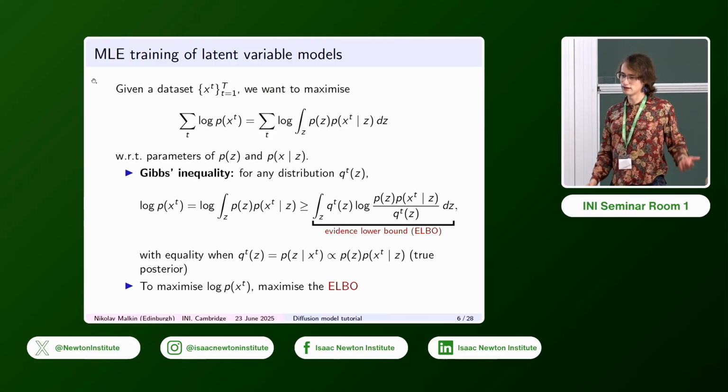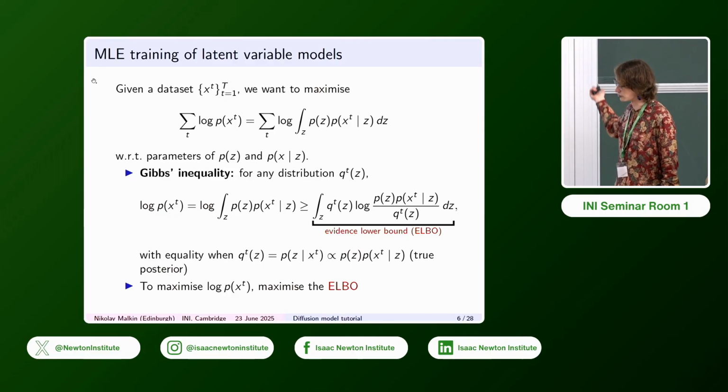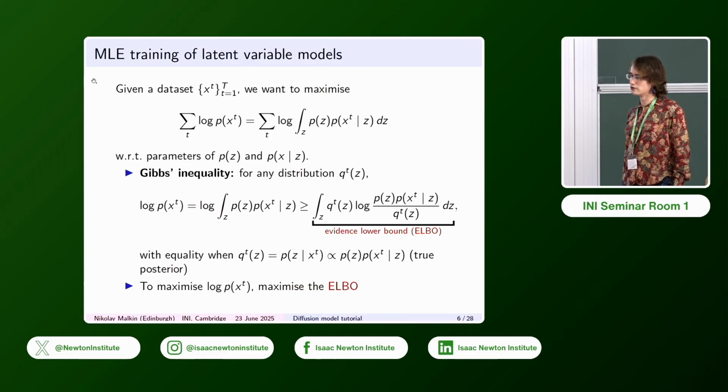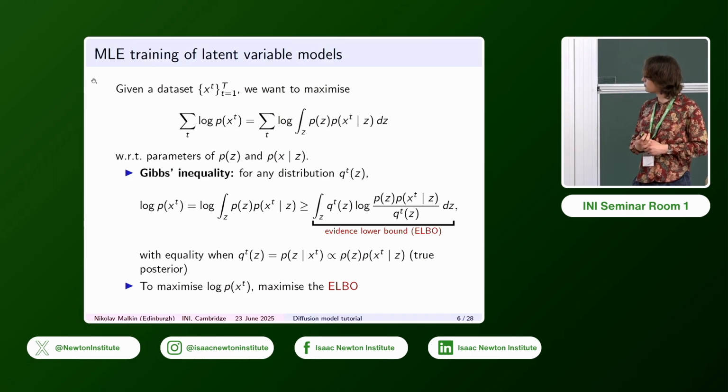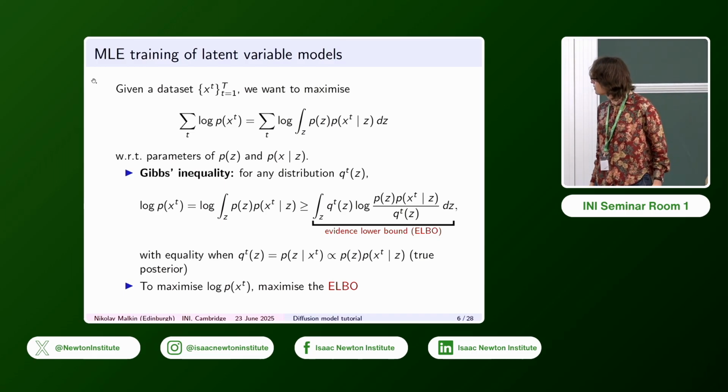So we have the Gibbs inequality, a form of Jensen's, which says that for any posterior distribution over the latent given the data, the log likelihood is lower bounded by this expression, which averages the log likelihood over the variational posterior. And this inequality becomes an equality if this approximate variational posterior Q becomes equal to the true one.